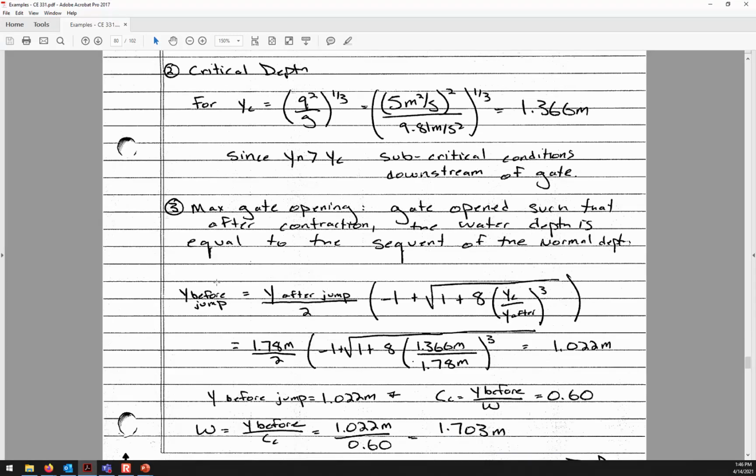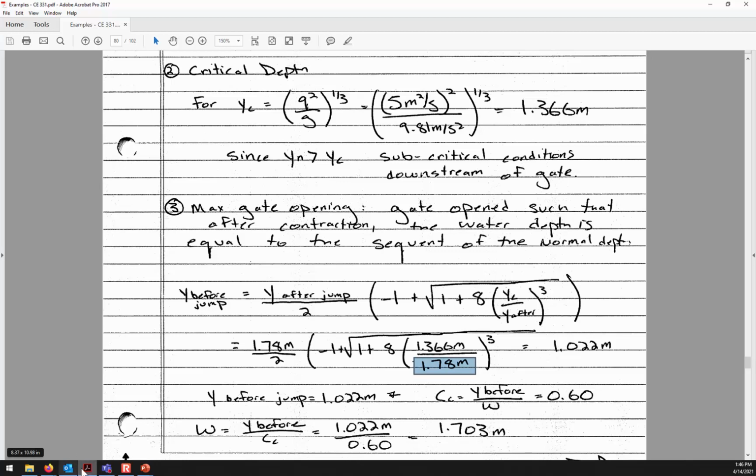Okay, so if the critical depth is 1.36 and after the jump it's flowing at the normal depth, then that tells us the depth before the jump is 1.022 meters. All right, and so the coefficient of contraction is 0.6, which means that the gate must be open 1.703 meters.